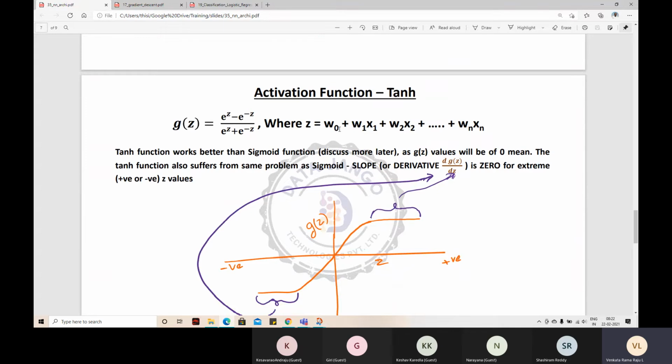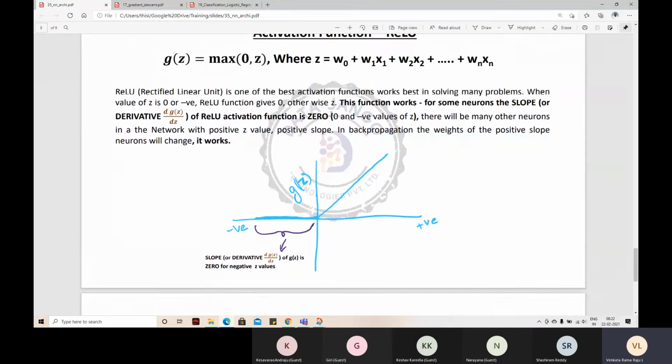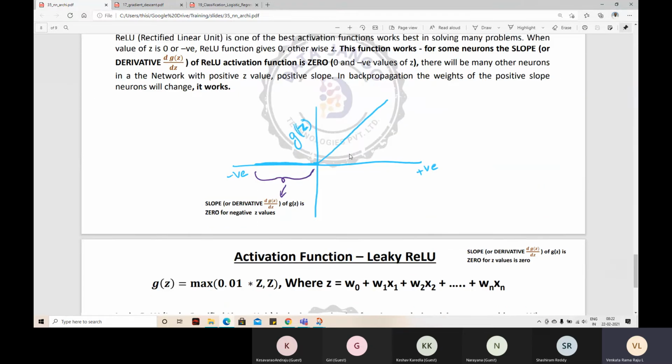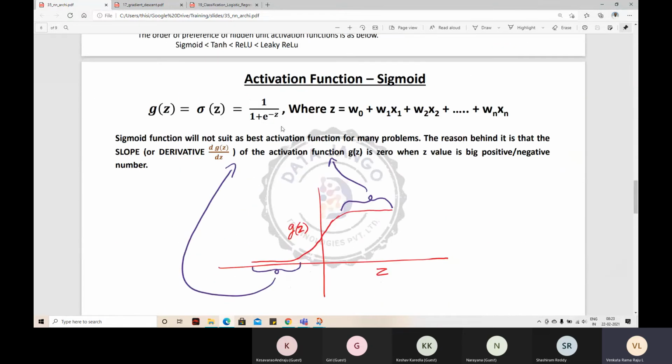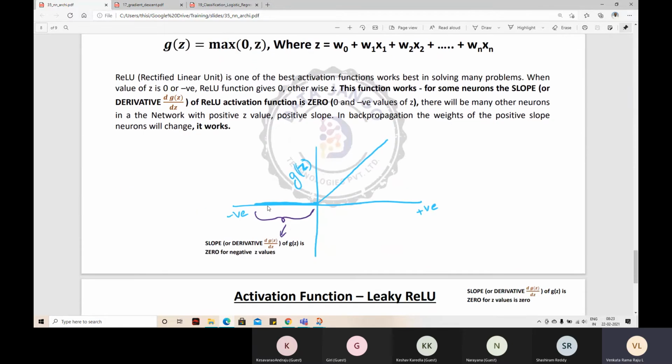This is the ReLU activation function, and the derivative-becoming-zero problem is high here. Compared to sigmoid and tanh it may be lower, but still it is high. If out of 4 nodes, 2 nodes are giving zero or negative values, the derivative is becoming zero.